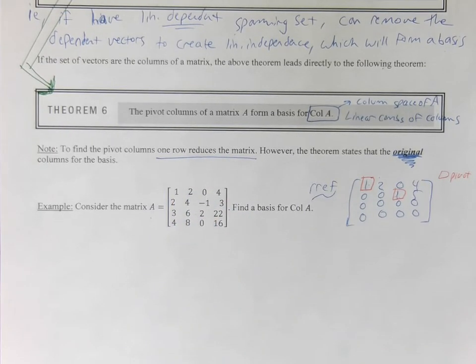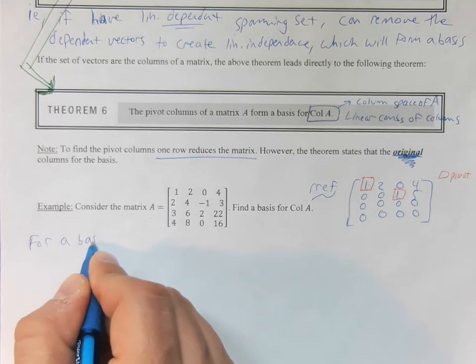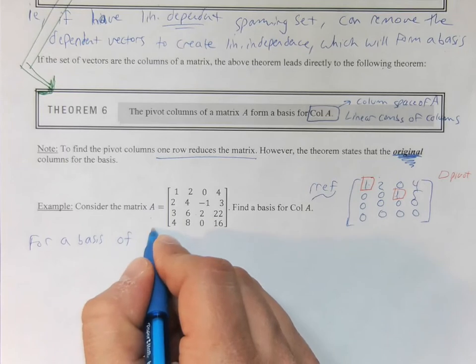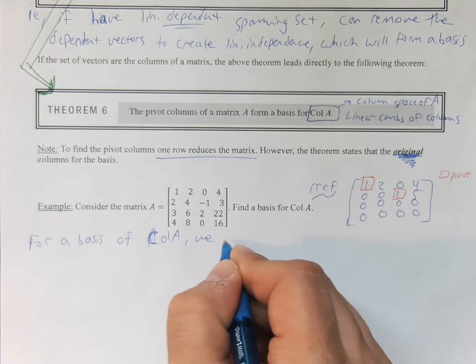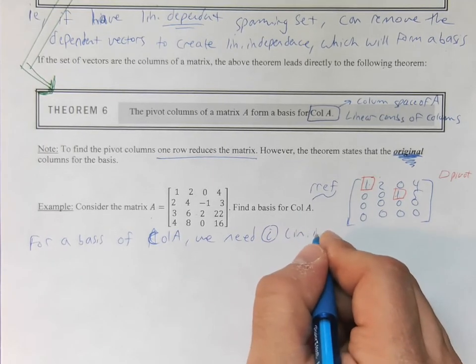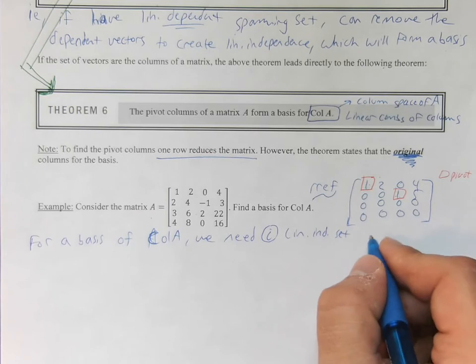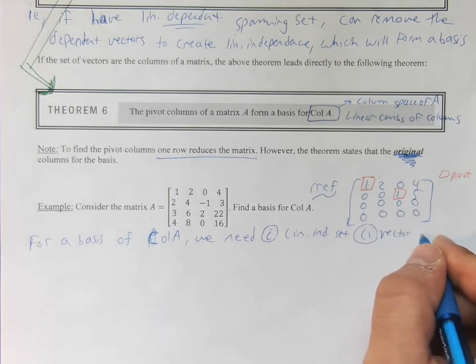So I'm going to write some of that down here and then re-explain. For a basis of the column space of A, we need one, a linearly independent set, and two, we need the vectors to span the column space.